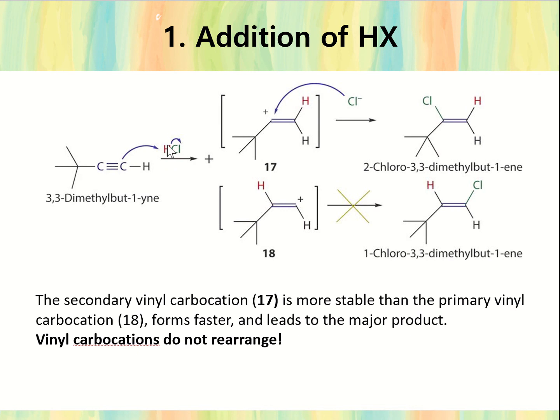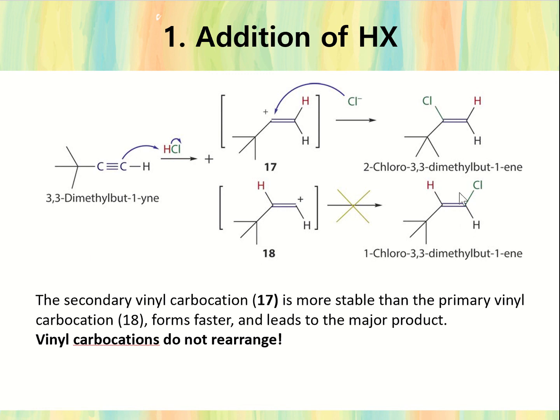As usual, being nucleophilic, it adds our hydrogen, breaking our hydrogen chloride bond to form our vinyl cation here. And we can see the cation can either be on this carbon or the other one, so either vinyl cation 17 or vinyl cation 18.